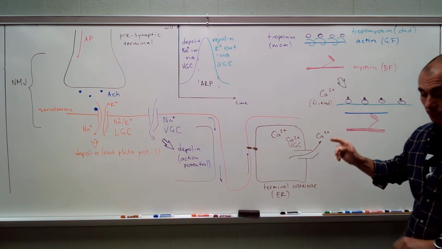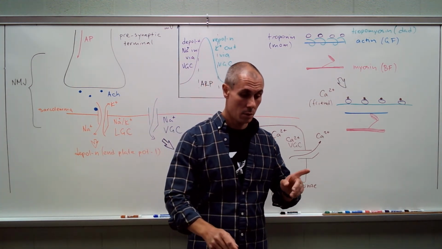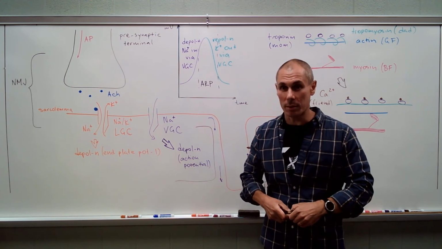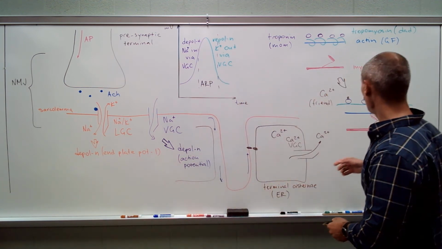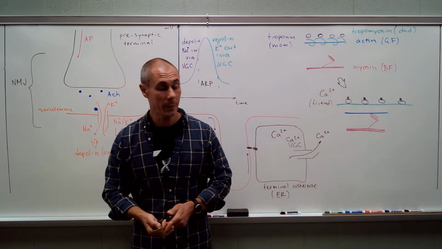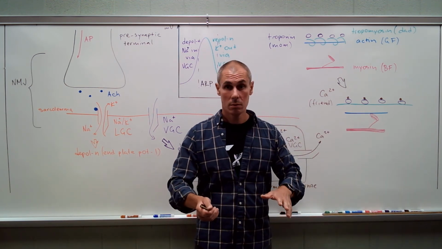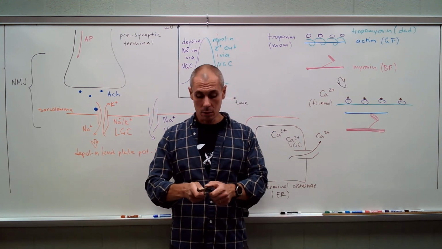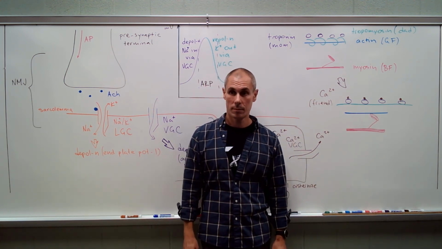Good? Now, one more thing that we're going to do. I'm not going to draw it because I can't, really. I'm not capable of doing that. We're going to illustrate the power stroke. So once the link is established, right? So what's going to happen next? Well, you remember that the head of the myosin can not only bind to actin, it can also break down ATP.